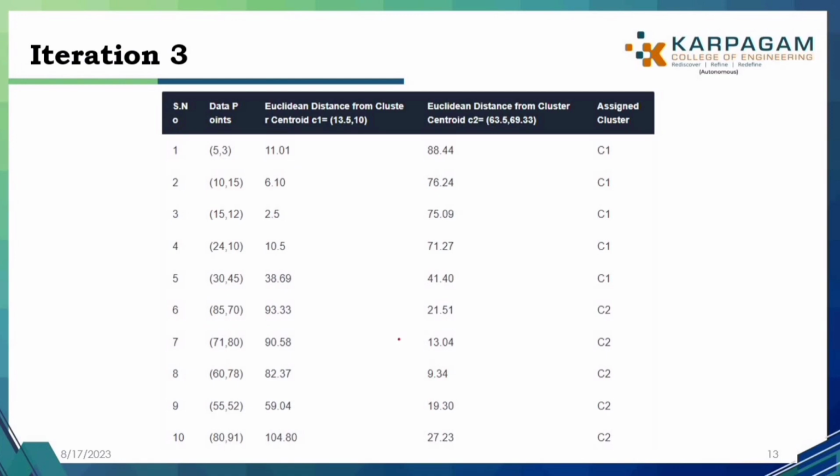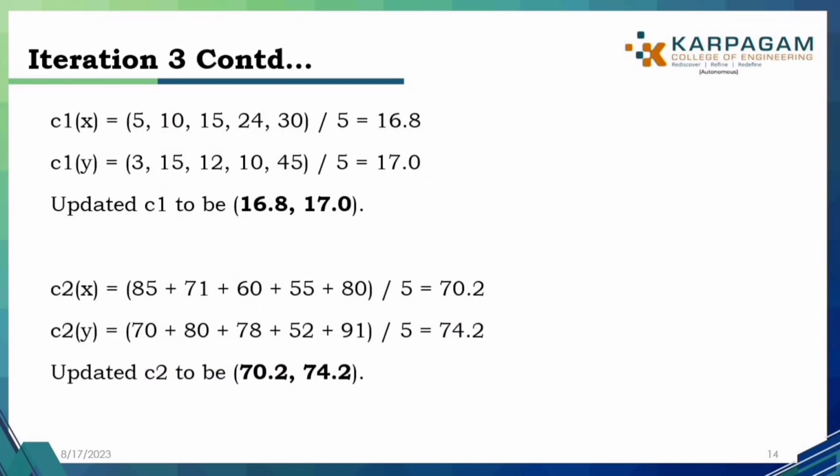See the next iteration. Now the header has changed for C1 as well as C2. The same process is repeated. The iteration is stopped when the next iteration has the same values. So iteration 3 is repeated and again they are checking.